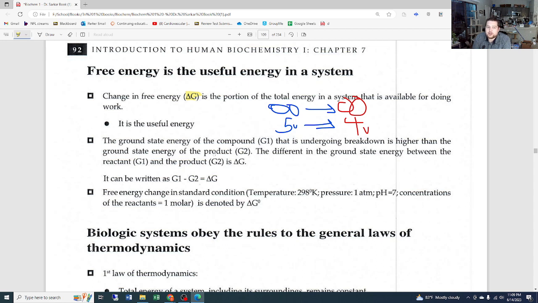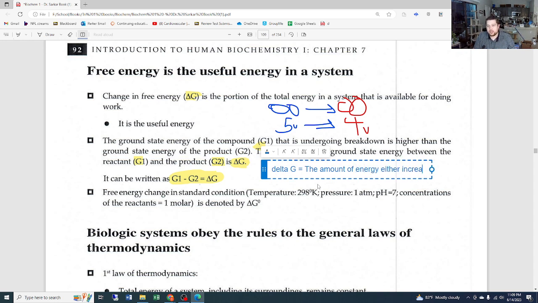So the difference in the ground state energy between the reactant G1 and the product G2 is our delta G. So G1 minus G2 equals delta G. So writing this out, the initial energy in the first compound minus the energy in the final product gives you delta G. What that is, delta G then literally is the amount of energy either increased or decreased within the system.